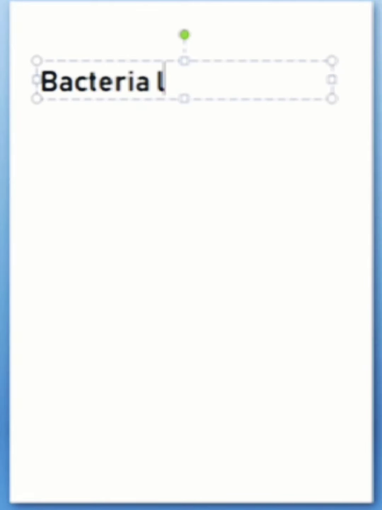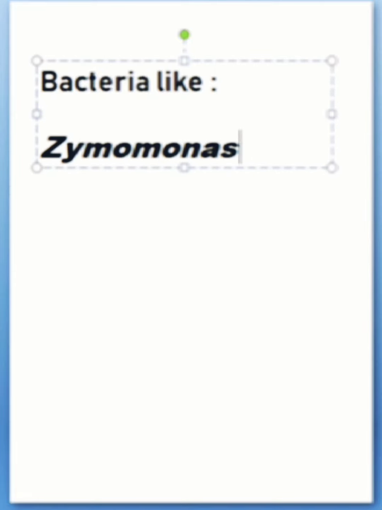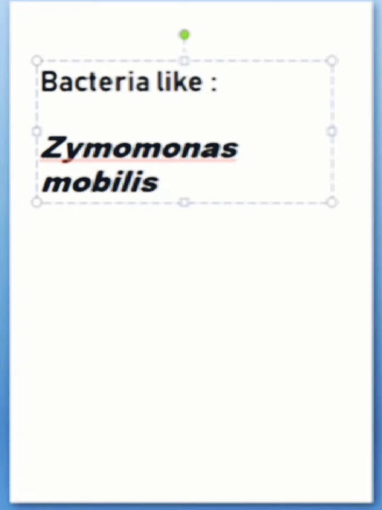Also, a bacterium known as Zymomonas mobilis is also used by some industries for ethanol production.